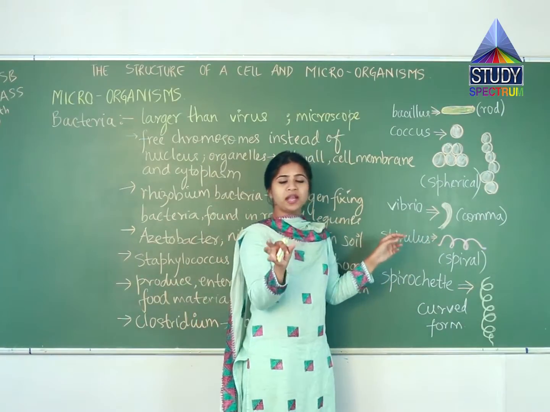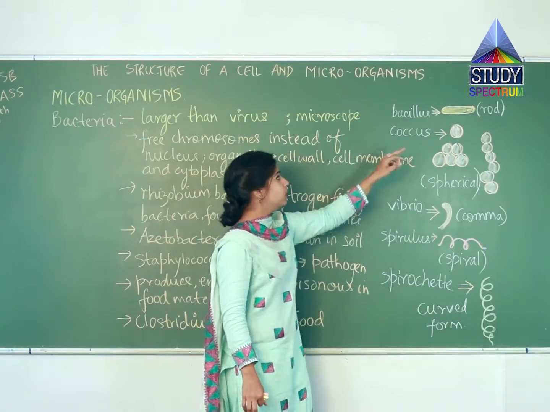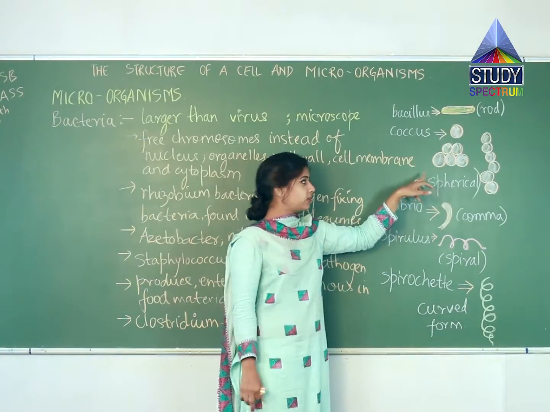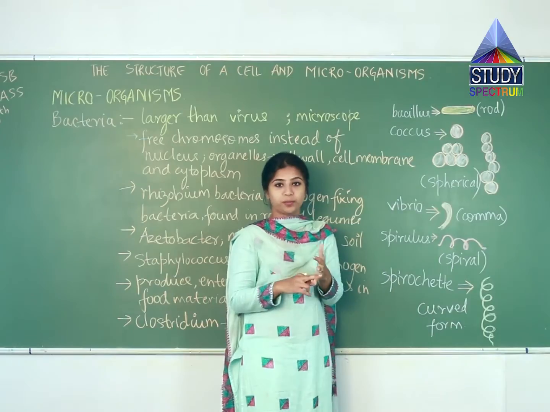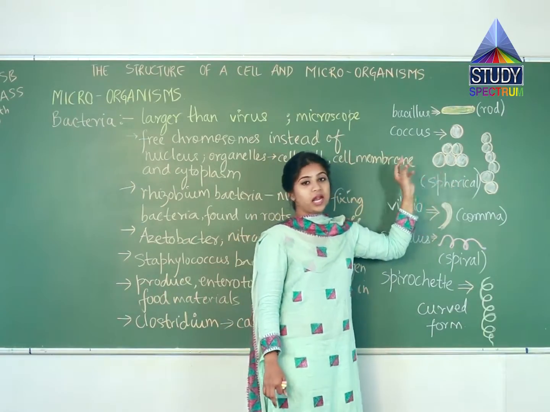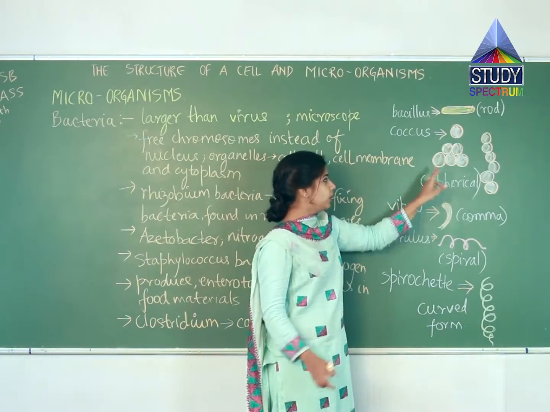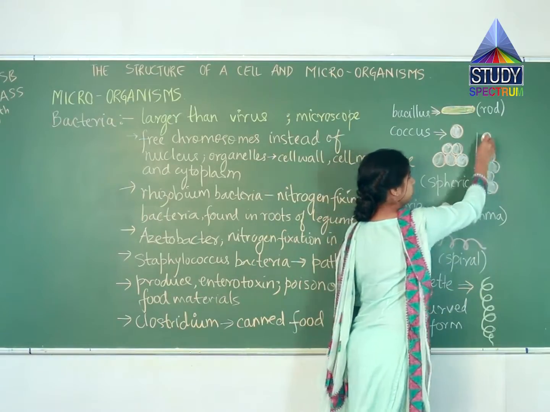There are a set of microorganism names that you really need to learn, and I'll explain that also. The next one is the coccus, the spherical shaped bacteria, and the examples for this are Staphylococcus or Streptococcus. Coccus can be present in a clustered form or in the way of chains.